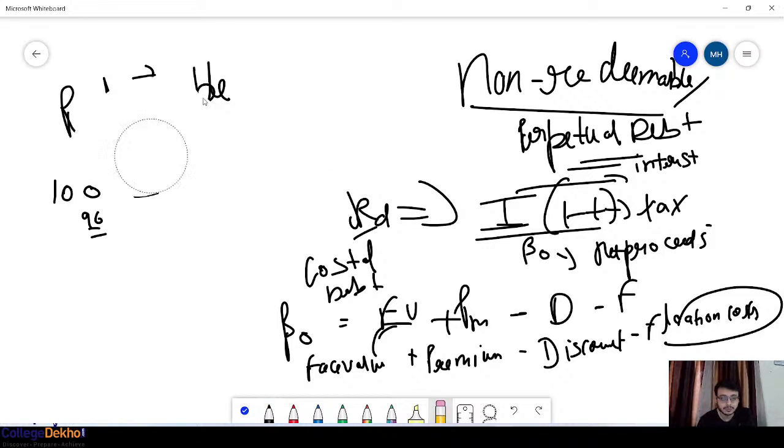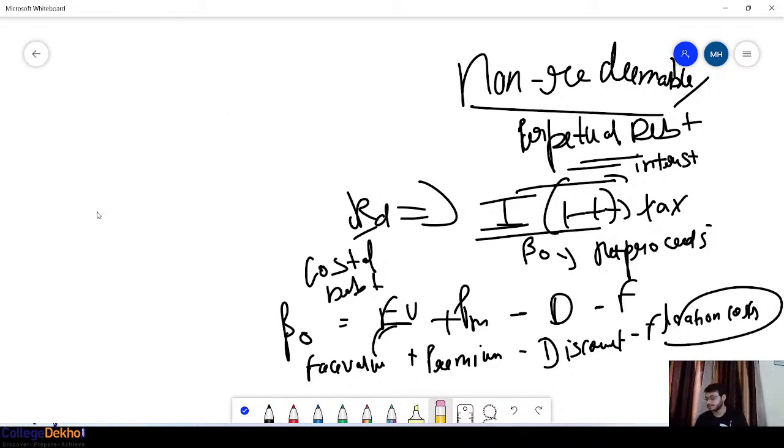Okay, so let's do a question on this. I'll just remove this left hand side part. Let's find out a question for you. Let's take a random thing. Let's assume the company has taken a debt of 2 lakh rupees.